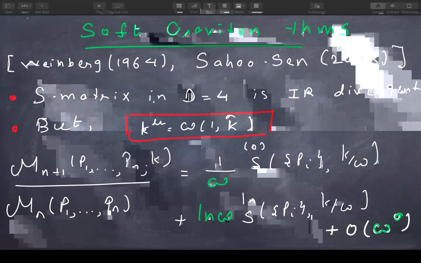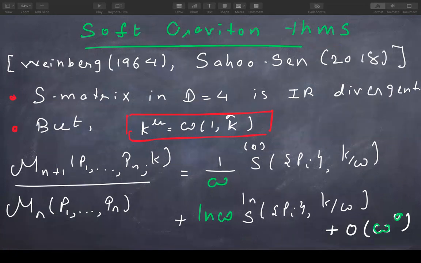Of course, one thing that we wonder when we talk about soft theorems is how this could possibly make sense, because the S matrix of quantum gravity in 4 dimensions is known to be infrared divergent. But the nice thing about soft theorems is that they don't really refer to the S matrix, but they refer to ratios of 2 S matrices. In other words, the script M is the scattering amplitude, which involves n momenta.